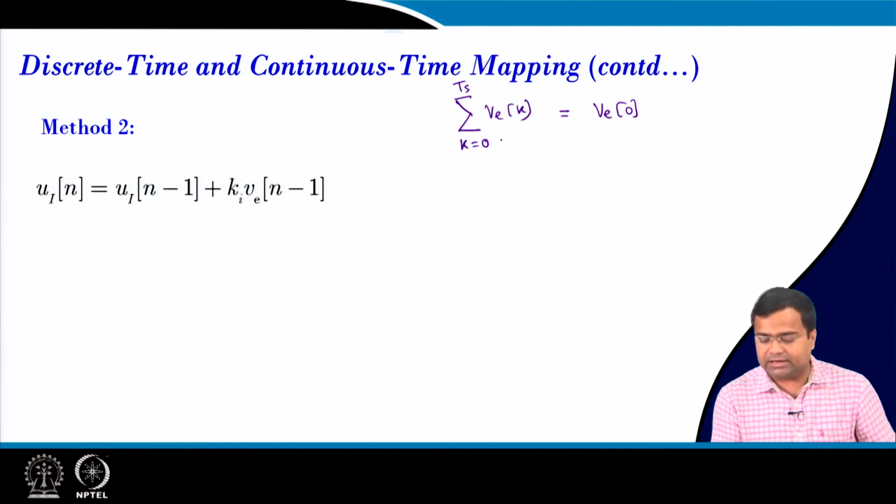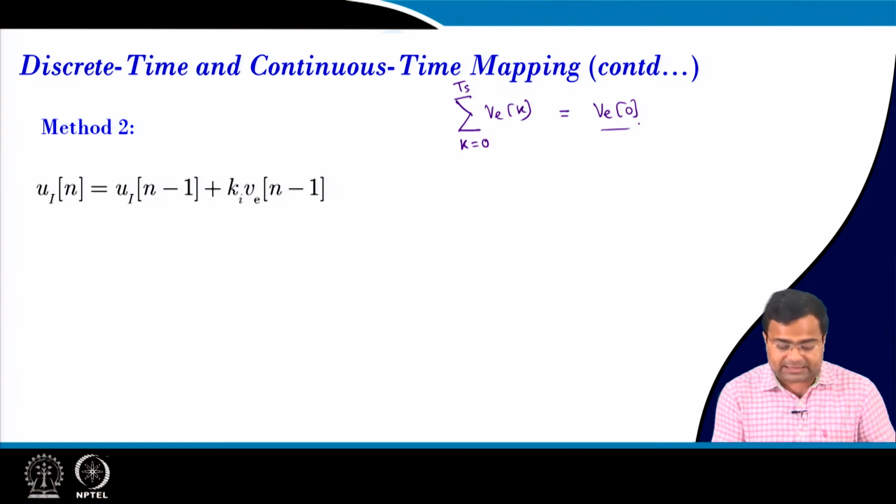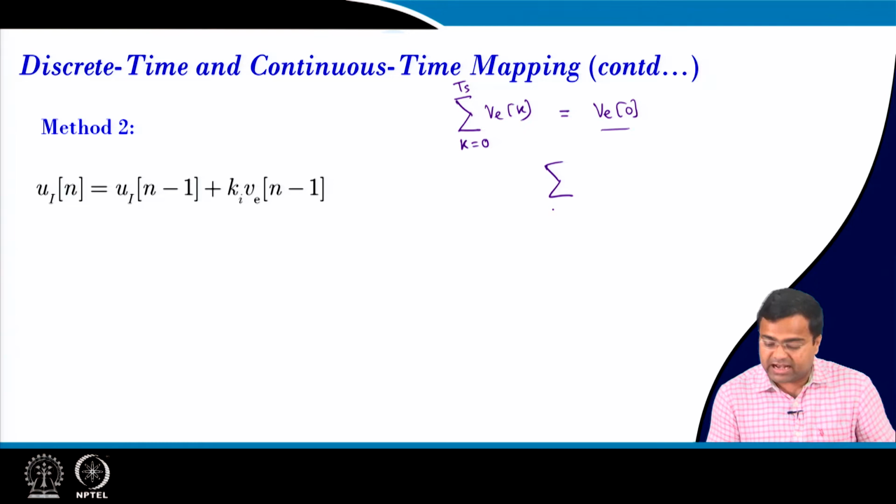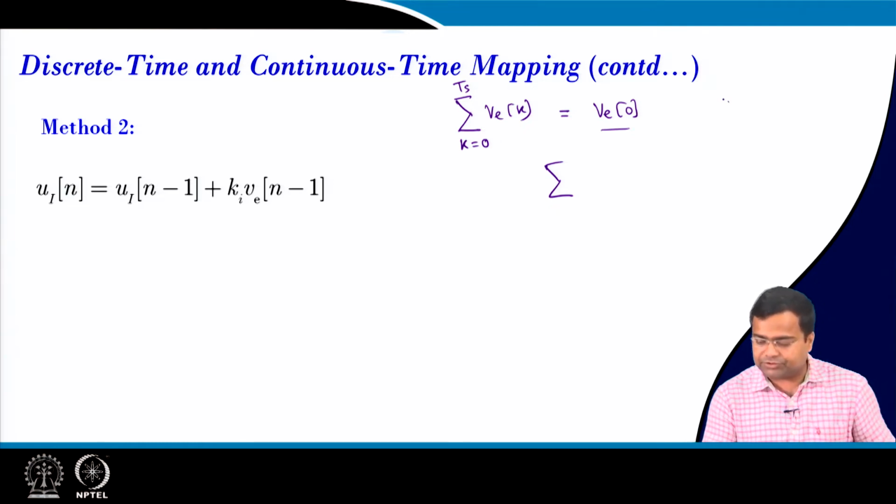Because it is only taking this value between 0 to ts. And similarly, if we expand the duration, we are talking about the integration from 0 to n ts of V E tau d tau.